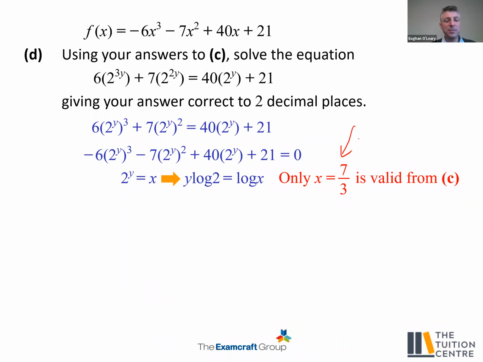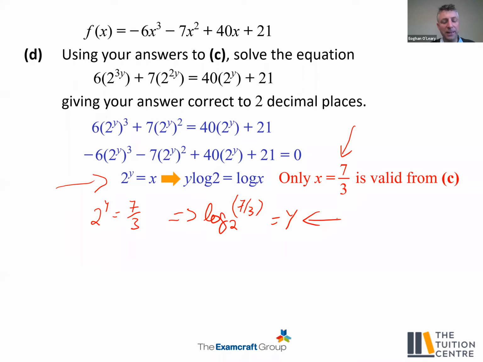The reason is that when we have 2 to the power of y equals 7 over 3, I can get a value for that, so I can introduce logs. The base will remain the base. What was the power becomes the answer, and what was the answer becomes the power. So now I have y is equal to log 7 over 3 to the base 2, and I can solve for that.